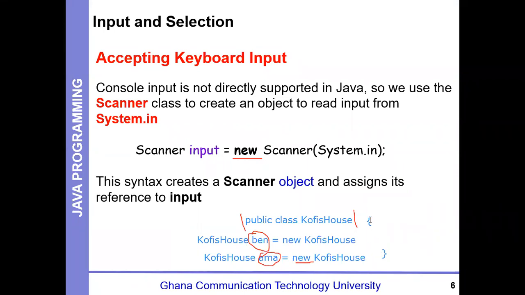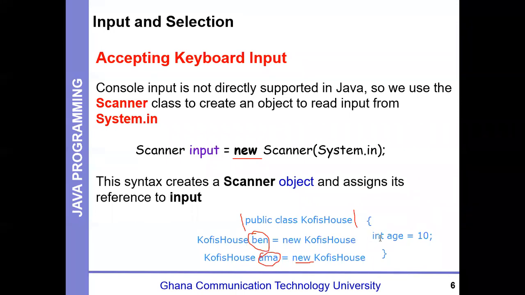So within this, we can describe a whole lot of things, the methods, and then we can have variables and other things. So if here within Kofi's house, I say integer age 10, what it means is that anytime you create an object in Kofi's class, it will have this attribute, or it will have to inherit this.